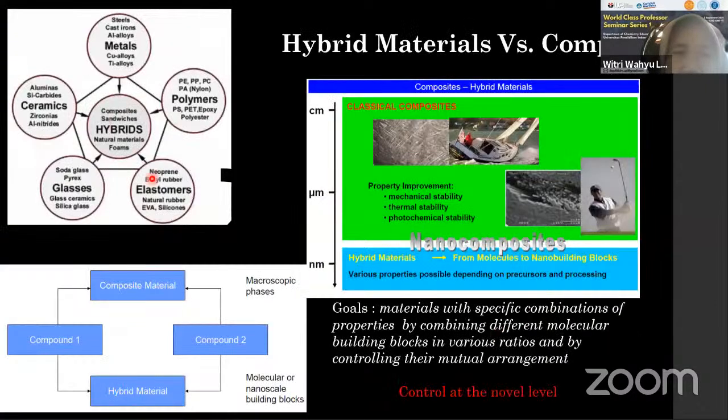And if we look in detail, composite material is actually close to hybrid material or sandwich material.